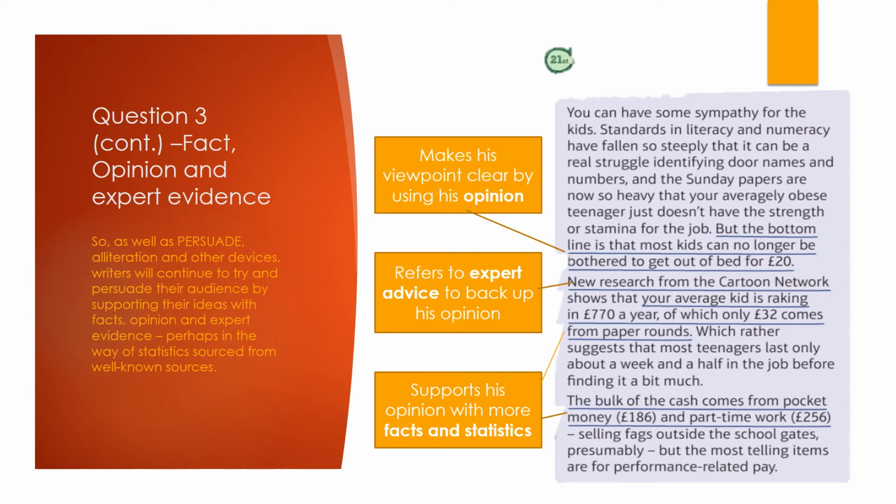And then this writer has also used facts and statistics, by using money to talk about what people earn in a year at a young age and how much of that was actually paper rounds. It's a way of backing up what he's saying and making their point more believable by having the expert opinion in there.